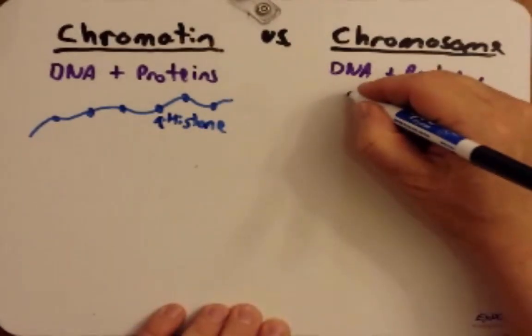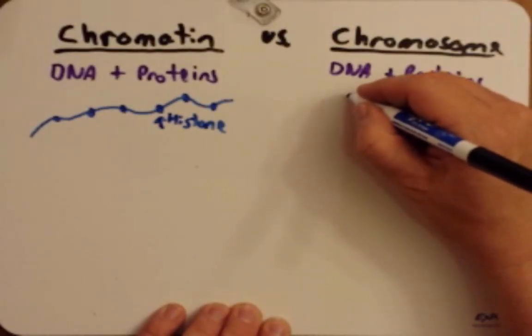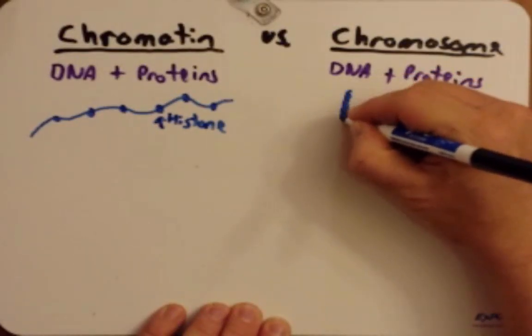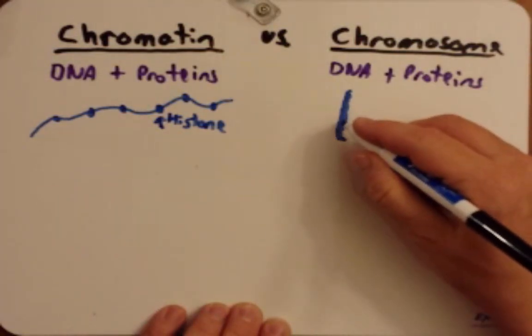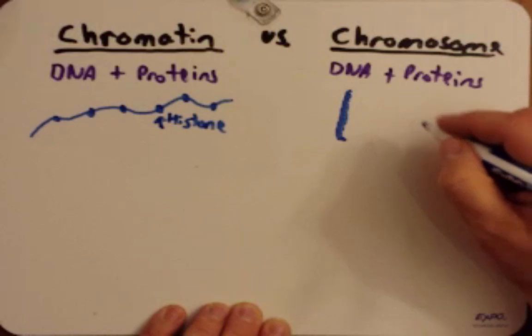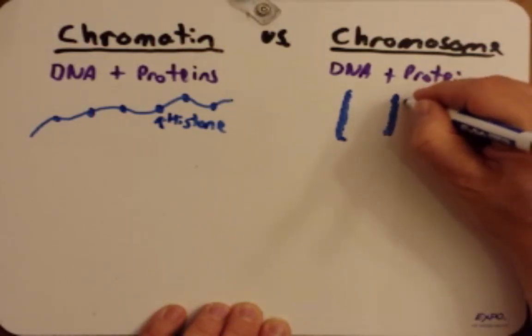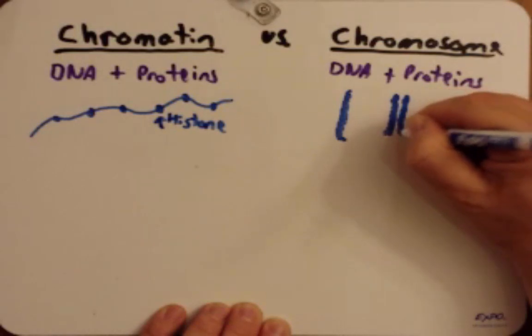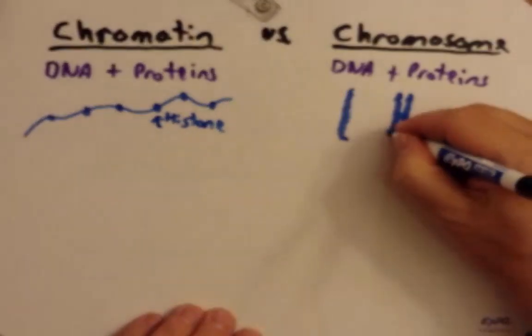Chromosomes turn out to be a much more highly compacted structure of DNA plus proteins. And I'm just going to draw it like this. This is what the chromosome would look like before it's been copied, and then this is what the chromosome would look like after it's been copied.